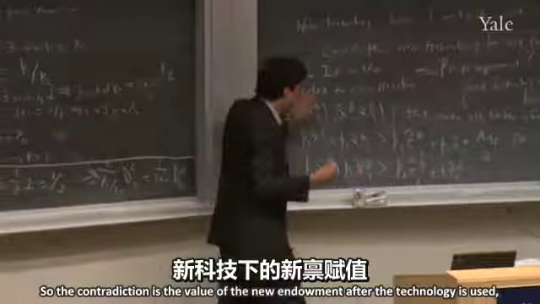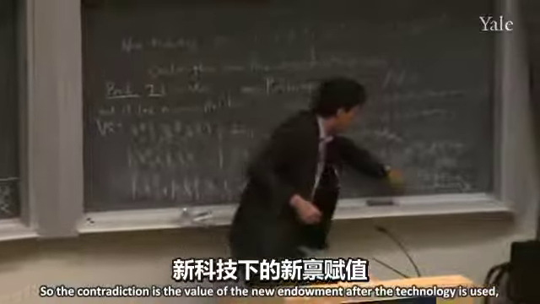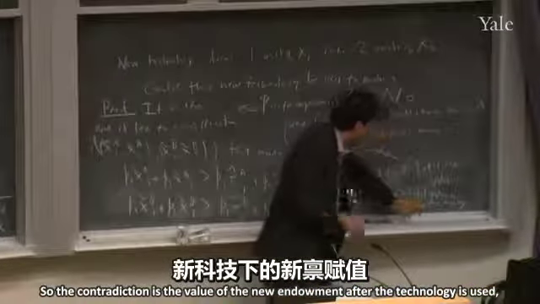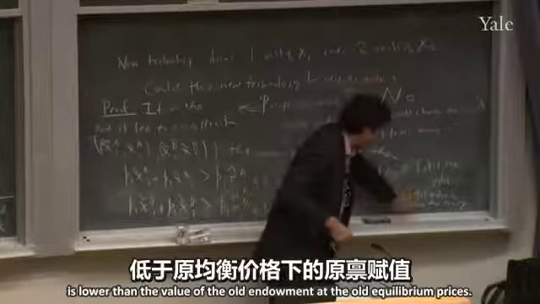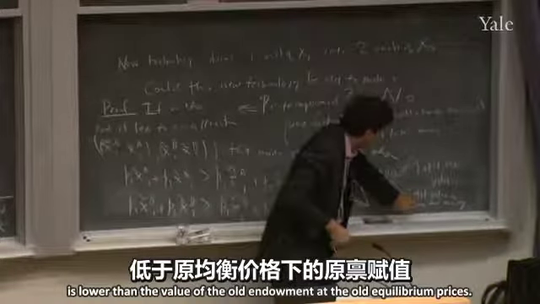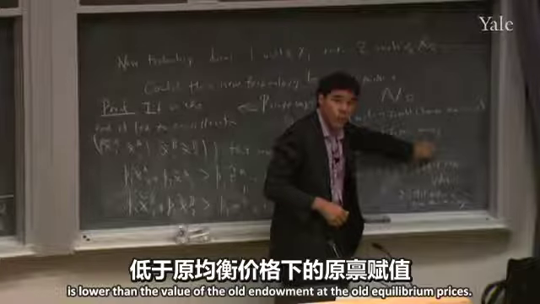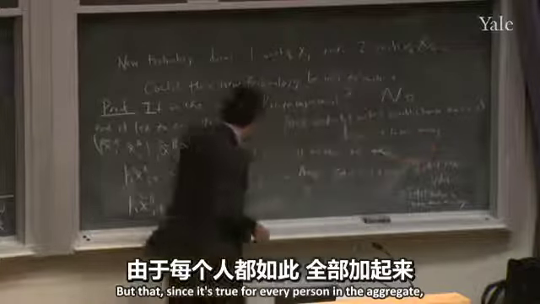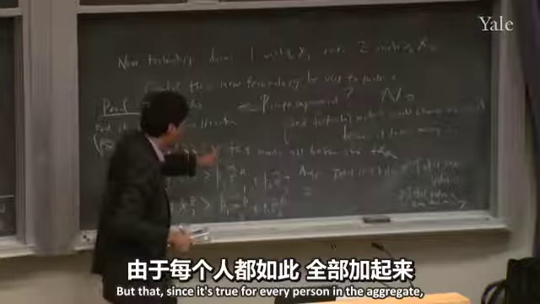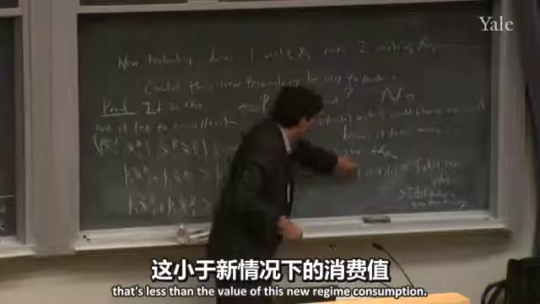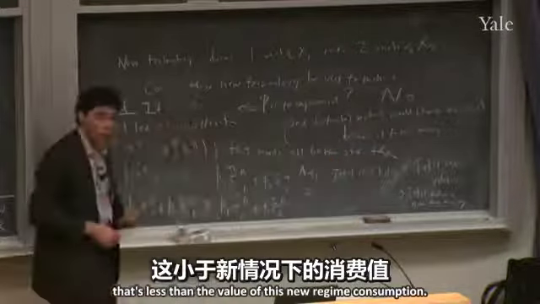Okay? So the contradiction is that the value of the new endowment after the technology is used, at the old equilibrium prices, is lower than the value of the old endowment at the old equilibrium prices. But since it's true for every person, in the aggregate that's less than the value of this new regime consumption.